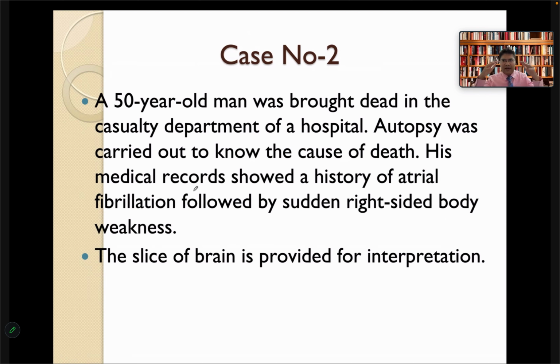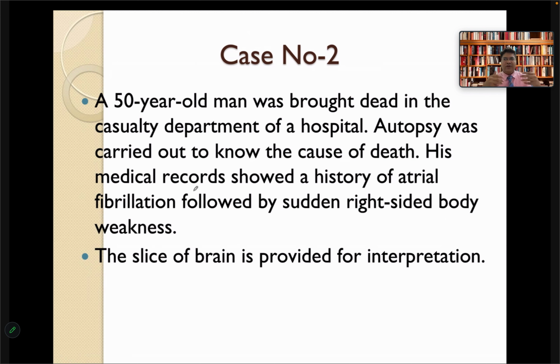So because of this atrial fibrillation, there will be stasis of blood. And this stasis of blood is one of the Virchow's triad. If you remember CVS block, in that you have already studied Virchow's triad. So Virchow's triad means three factors which are responsible for development of thrombosis or thrombus. So atrial fibrillation leads to stasis of blood.